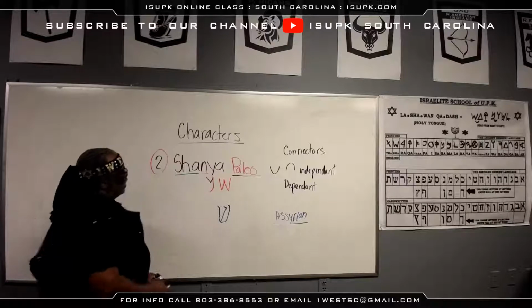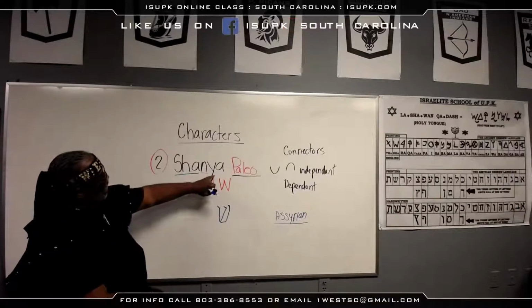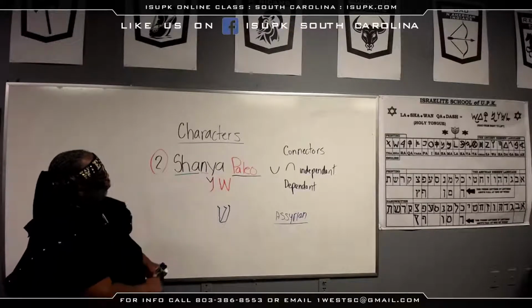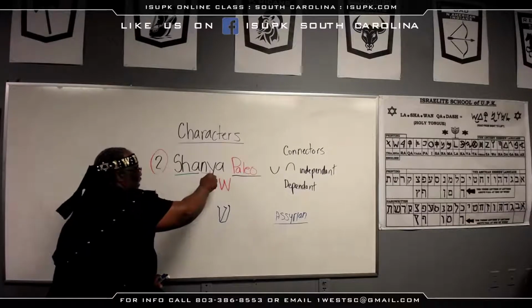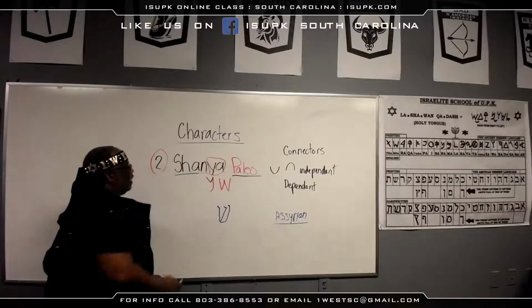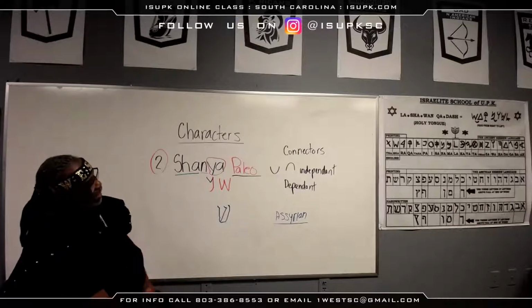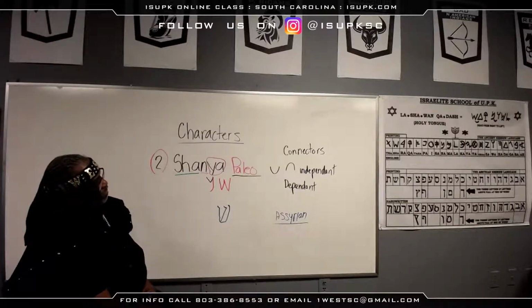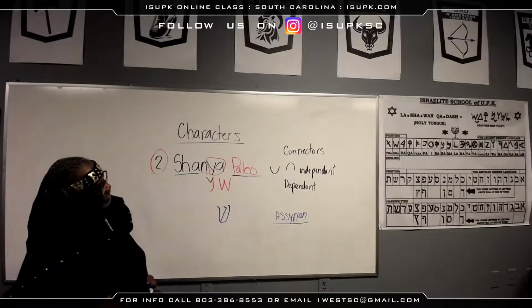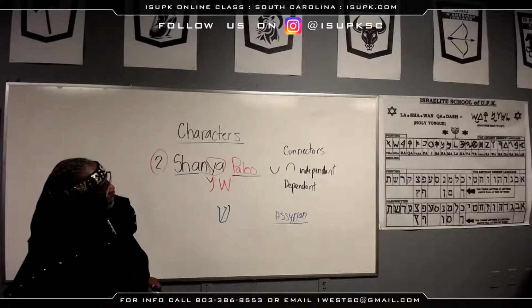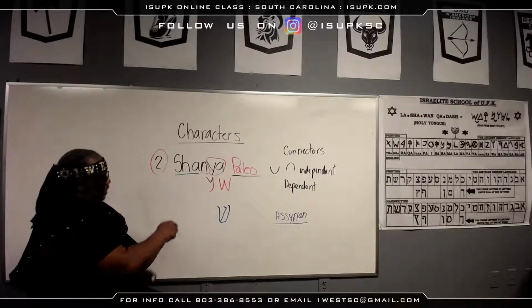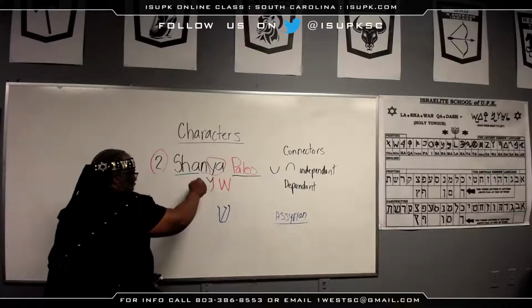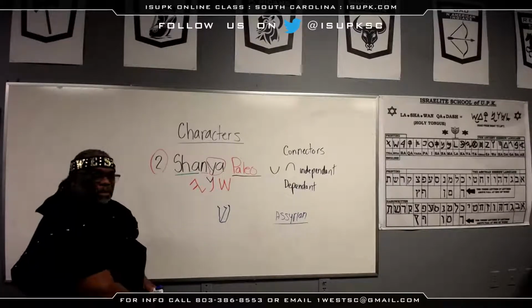So far we did the N. Then we have one character by itself that looks like Yah and sounds like Yah. You look over there on the chart, you'll see it. It's right there. It looks like a Z. It ain't changed.